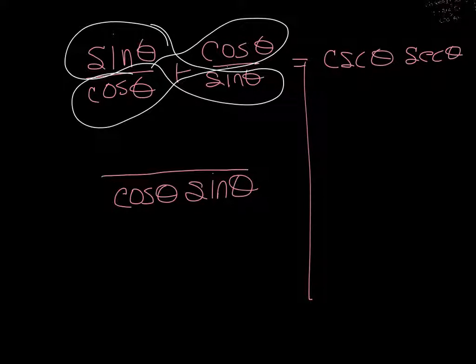Okay, so we're going to have sine theta times sine theta, which is sine squared theta. If you're going to write sine squared, it's better to put the square in between sine and theta. If you do it this way, it looks like theta squared.